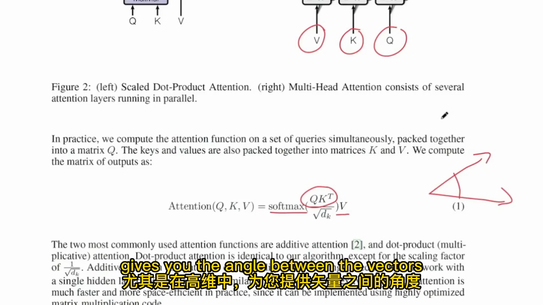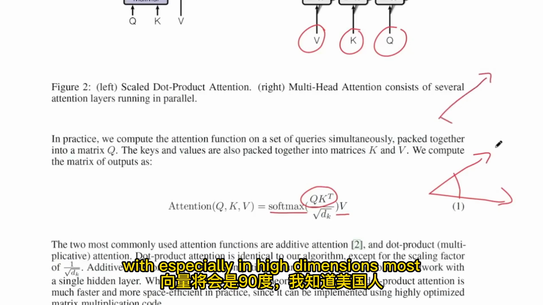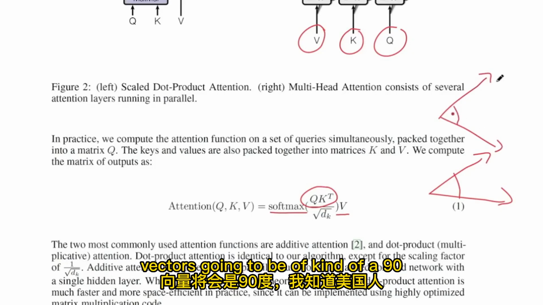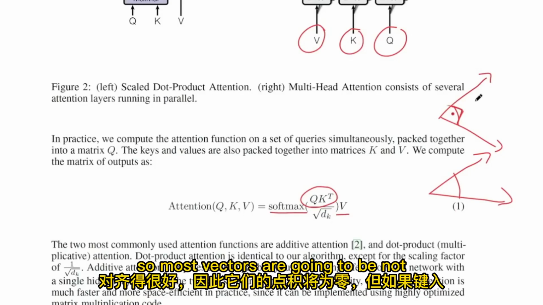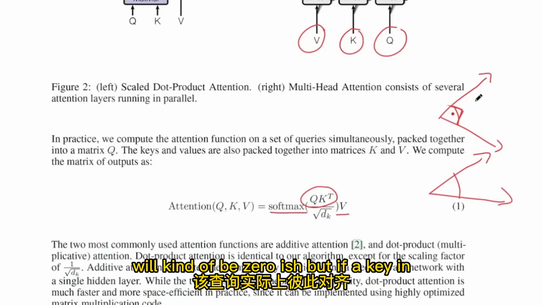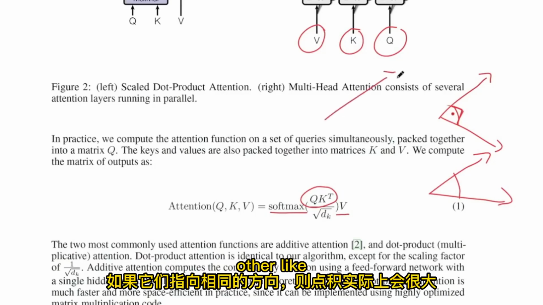Especially in high dimensions, most vectors are going to be at kind of a 90-degree angle, oh, I know the Americans do the little square. So most vectors are going to be not aligned very well, so their dot product will be zero-ish. But if a key and the query actually align with each other, like if they point into the same direction, their dot product will actually be large.